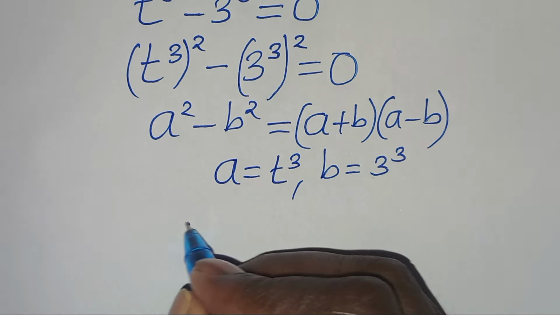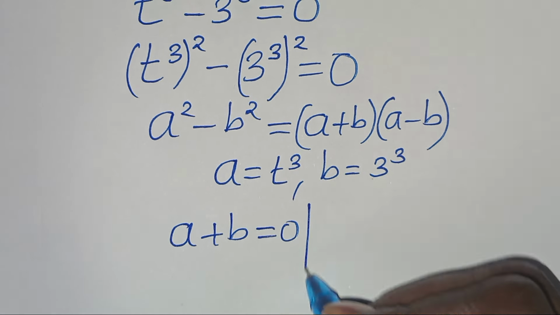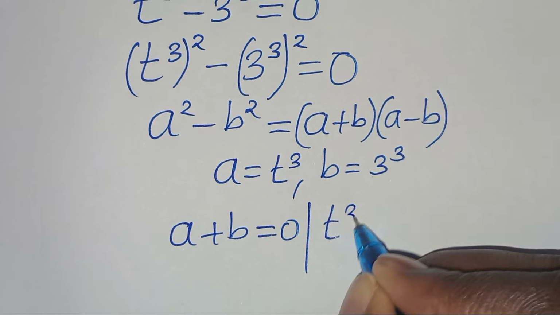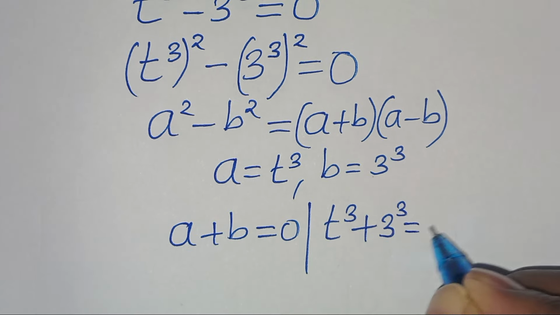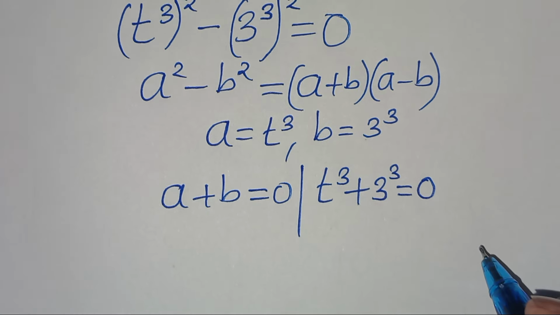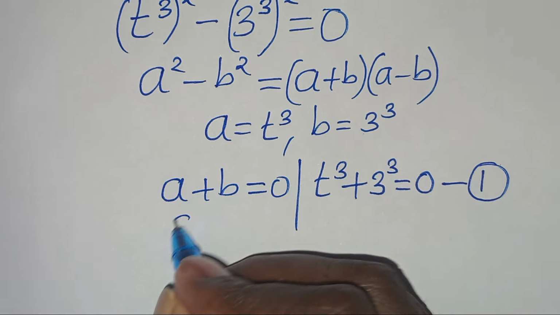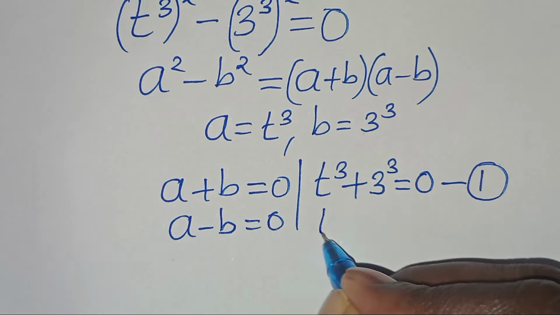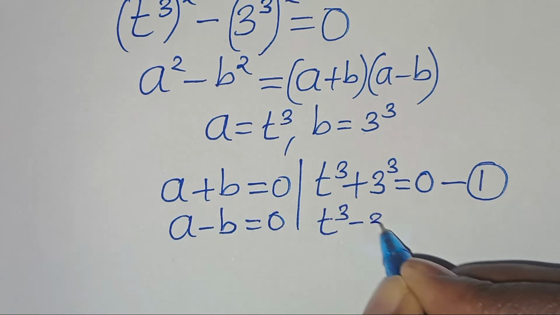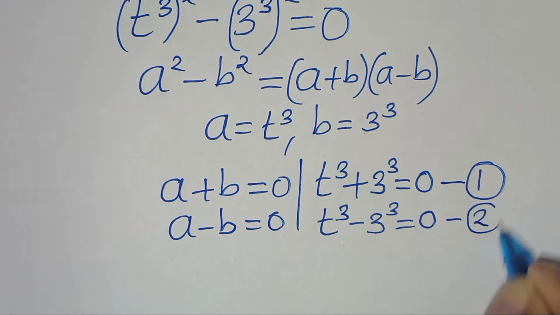So we have that a plus b equal to 0, which is the same thing as t to the power of 3 plus 3 to the power of 3 equal to 0. Let's call this case 1. And we have that a minus b equal to 0, which is the same thing as t to the power of 3 minus 3 to the power of 3 equal to 0. Let's call this case 2.